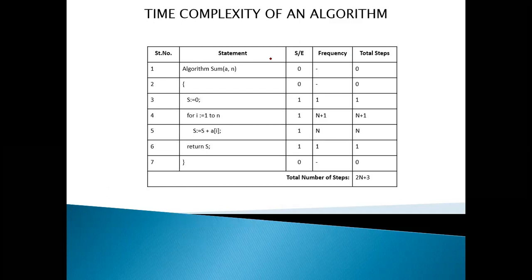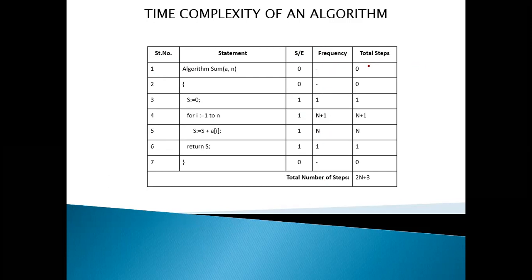So here, to calculate time complexity, take the sum of elements in an array. This is the way of calculating time complexity. There is the statement number and the statement S by E, that means executed or not, the frequency. If the statement is going to be executed on a system, then it will specify how many times it will be executed.